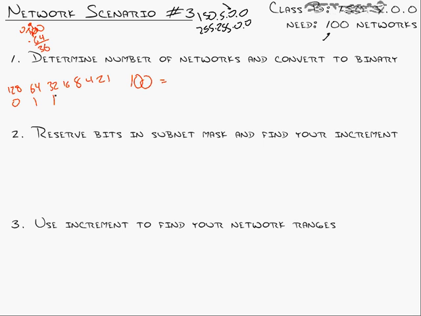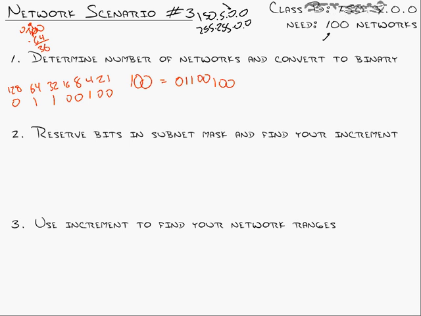So we can take our 32, that'll leave us with 4, 0, 0, 1, 0, 0. So 100 as a binary number is 01100100.